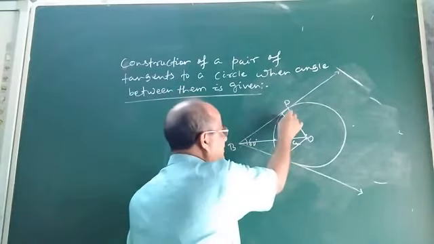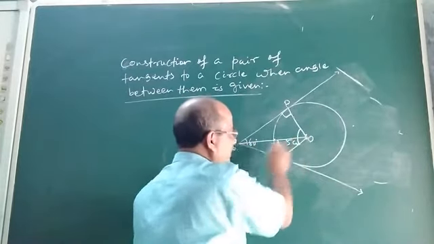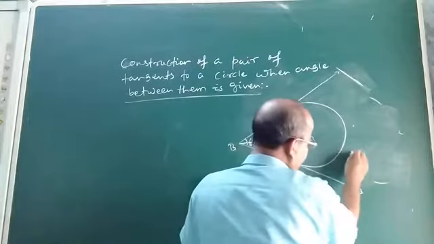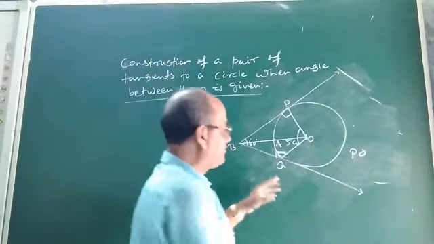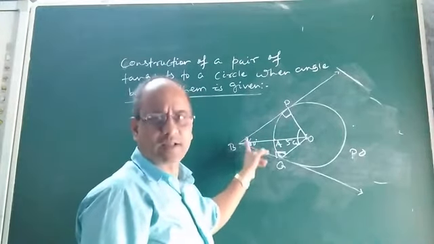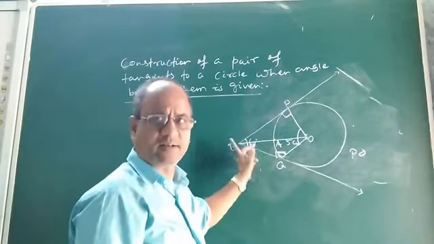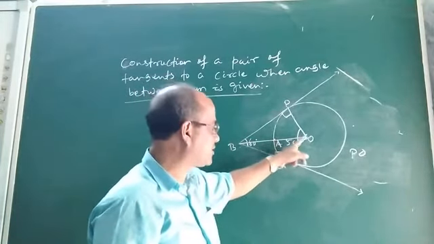Now this is 90, this is 90, and this angle is given 60 degrees. So what will be the fourth angle, that is POQ? First you calculate. We are doing the analysis part, then we are going to construct. See, the angle between the two tangents, or the angle of inclination between the two tangents, is given 60 degrees, radius 5 cm, suppose.